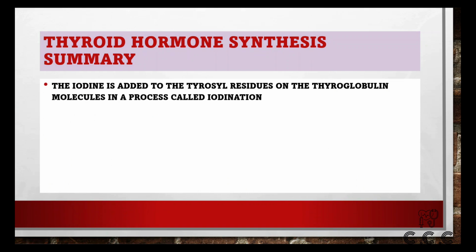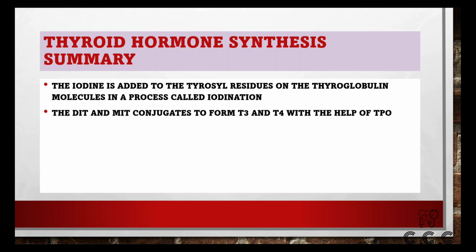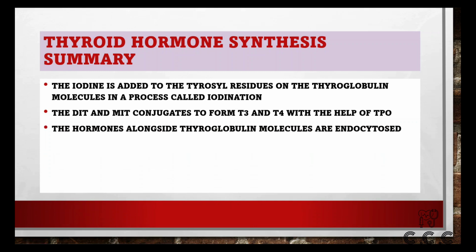The iodine is added to the tyrosine residues on the thyroglobulin molecules in a process called iodination. Then we have DIT, which is diiodotyrosine, and MIT, monoiodotyrosine, which conjugate to form T3 and T4 with the help of TPO, thyroid peroxidase. Then the hormones alongside thyroglobulin molecules are endocytosed, so they are taken into the follicular cells.